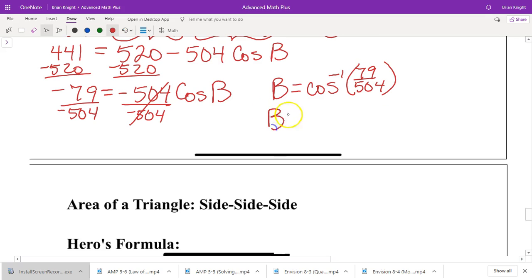You should get 81 degrees, rounded. I think it's like 80.99. So 81 degrees. Everybody good? That's it. We don't have to solve the triangle. We're just finding the greatest angle.